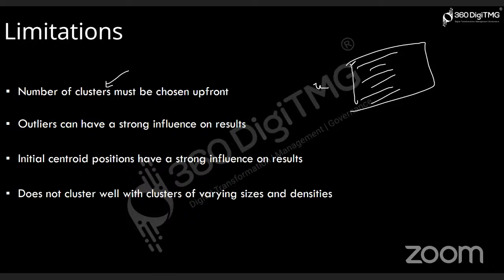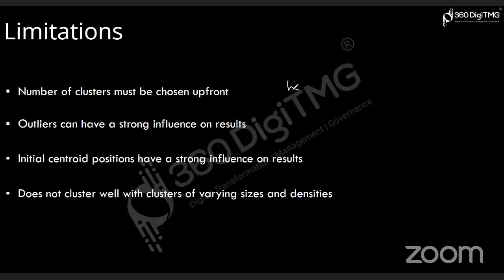It is not that after we have done the algorithm, we choose a k value. No, here we need to choose a k value upfront. Once this is done, then we can go along with our clustering technique.